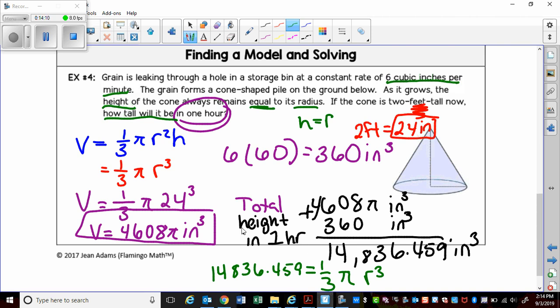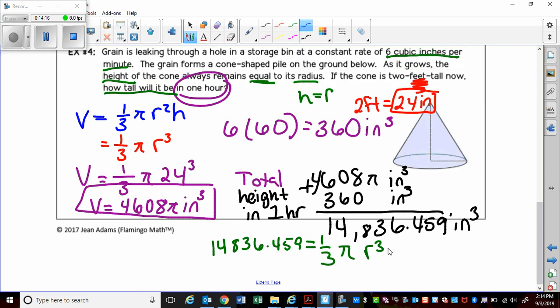I want you guys to try this out. At the end, I took the cube root, right? We have this cubed, so we need to take the cube root of it. So we get something like this: 24.197 inches is my height. Height is in the first dimension, so I don't need a cubed or anything over here. Check my math, make sure it's correct.